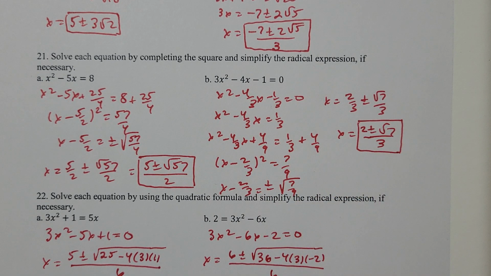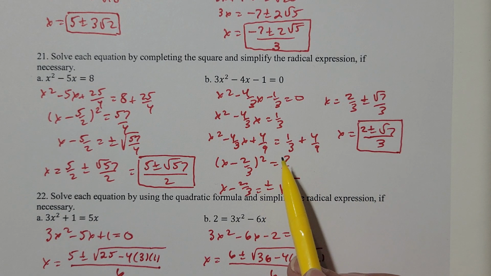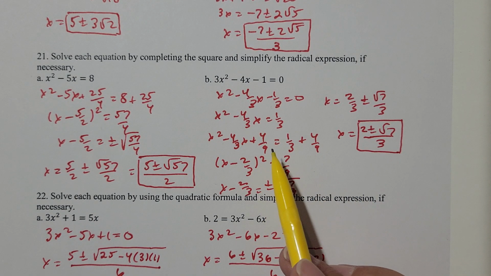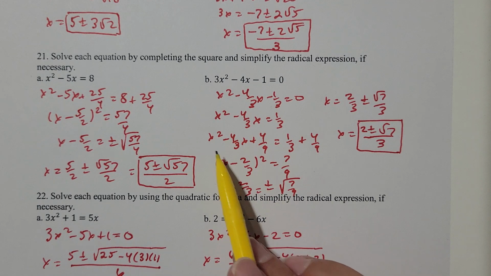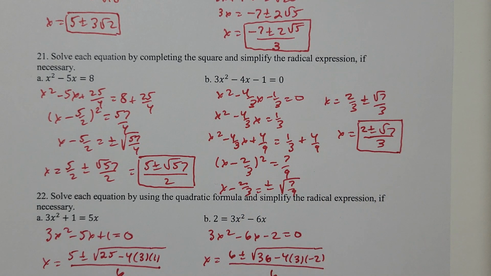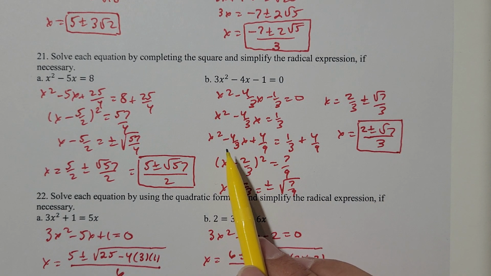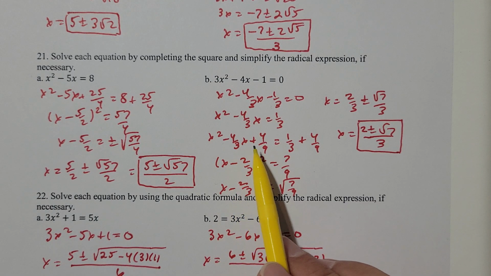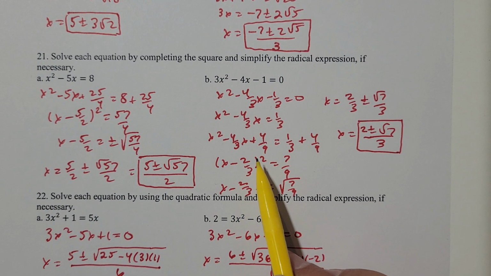Now again, that sounds like a weird thing to do, but the reason for it is because the left side is always going to factor, and the factors will always be the same. So now I'm wanting to factor x squared minus 4/3 x plus 4/9. I can get the factors right away.